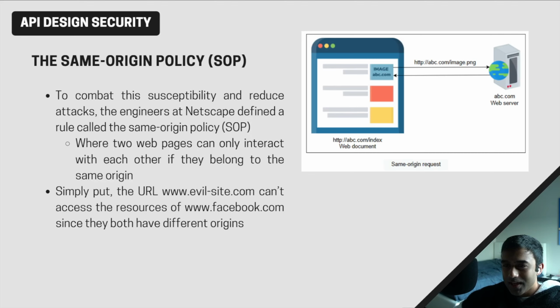Now let's talk about the same origin policy, otherwise known as SOP. To combat this susceptibility and reduce attacks, the engineers at Netscape defined a rule called the same origin policy, where two web pages can only interact with each other if they belong to the same origin. Simply put, evilsite.com can't access the resources of facebook.com since they have different origins.